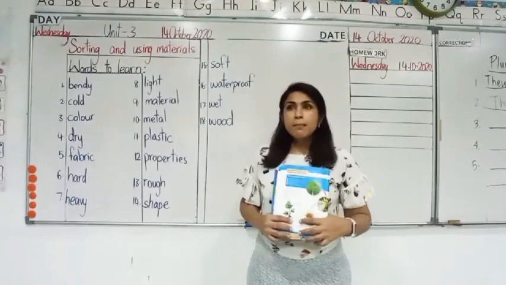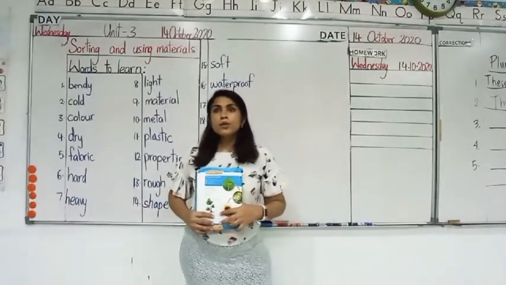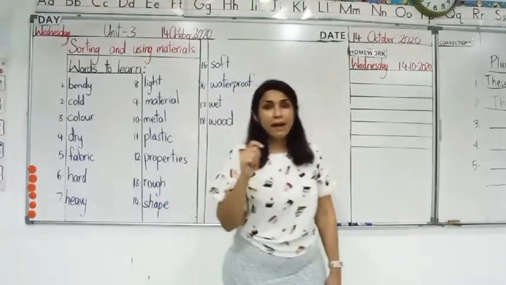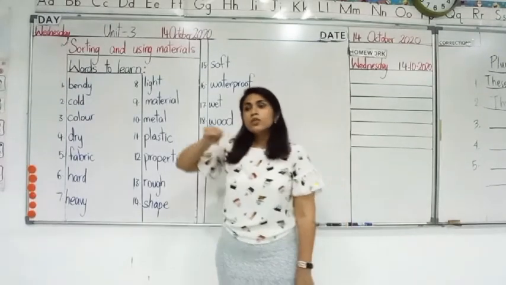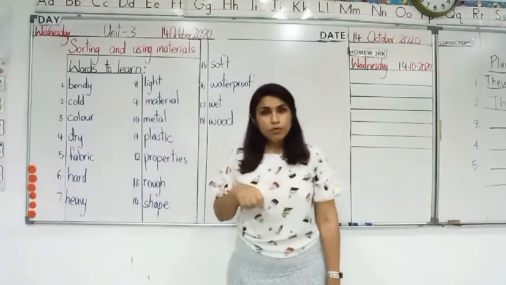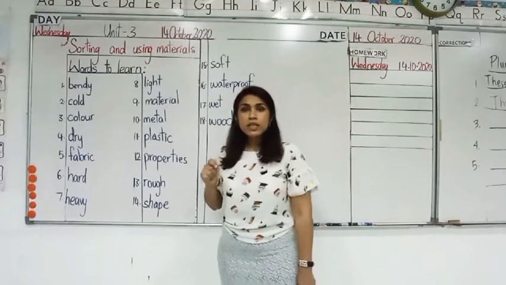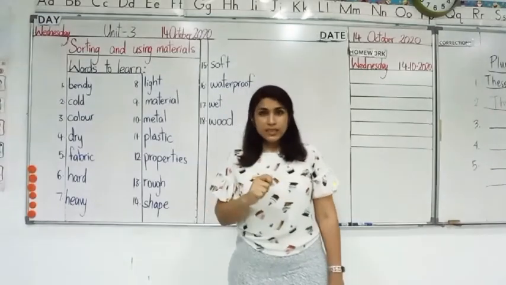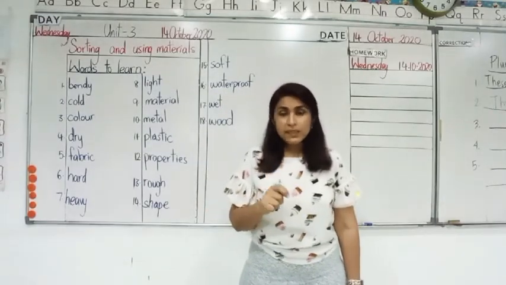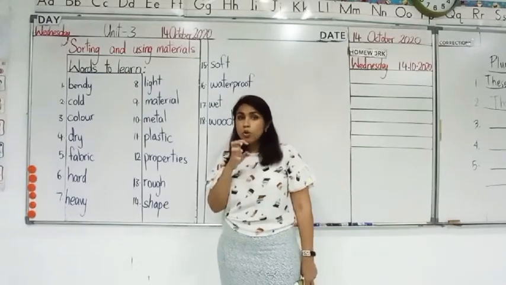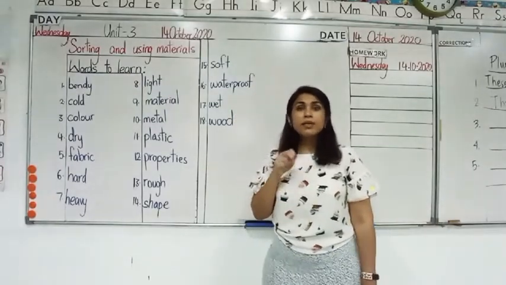For example, we use wooden spatulas to stir hot food and all. Why? Because wood can resist heat, whereas if you use metal, metal absorbs heat and it will become hot.